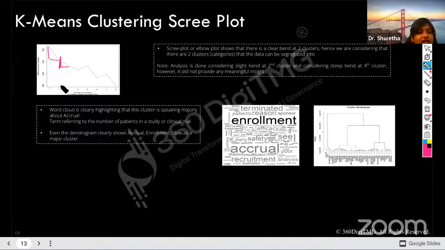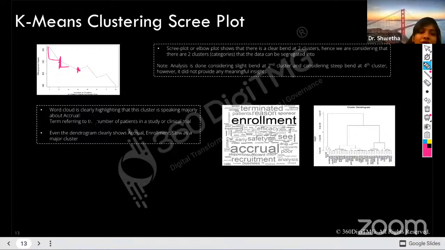Hence, we can consider two clusters or categories that the data can be segregated into. Analysis is done considering the slight bend at the second cluster and considering the steep bend at the fourth cluster. However, it did not provide any meaningful insights.